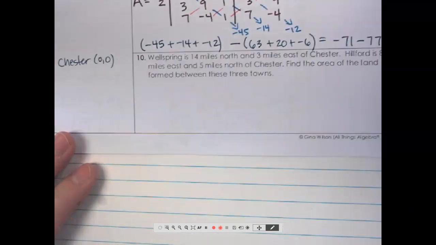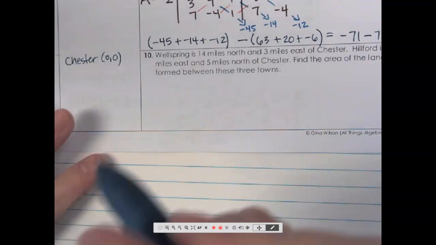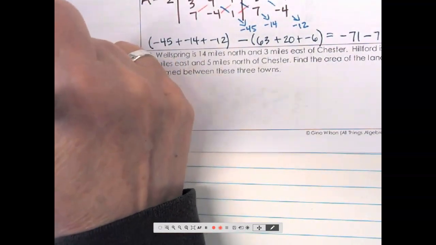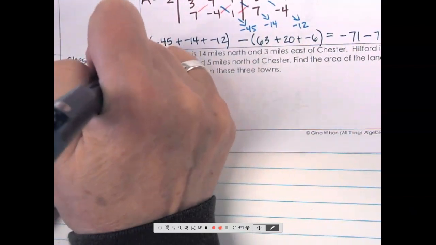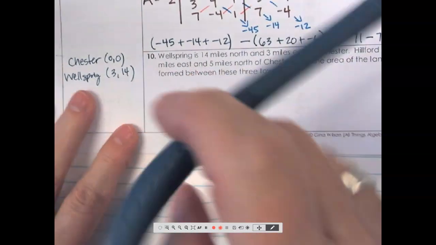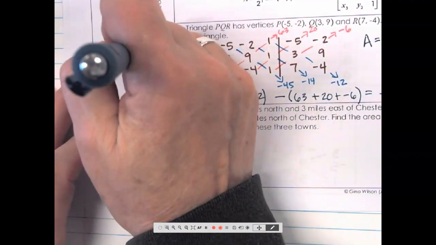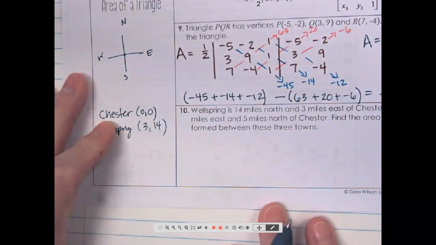Where is Wellspring if it's 14 miles north and 3 miles east, in terms of an ordered pair? 3, 14. Does everybody see where we got that? Does everybody see why it's not 14, 3? Because picture the origin. Remember, this is north, east, south, west.